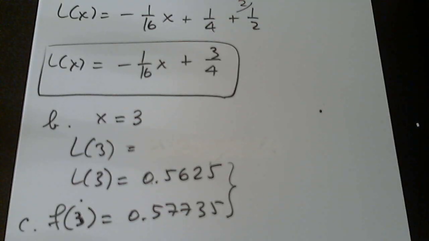On the previous example, we were looking at 16. 17 is somewhat acceptable. But from 3 to 4, that's why the error in this case is a little bit bigger than before, because we are quite far away from 4. 3 is not close to 4. But 17 is close to 16. That's why the error in the first example was much smaller.